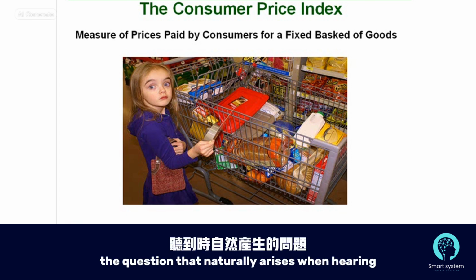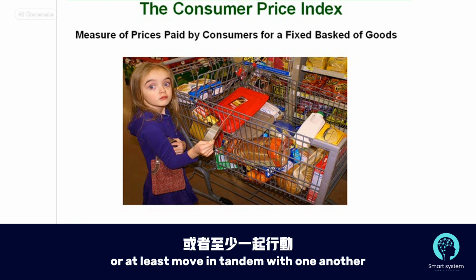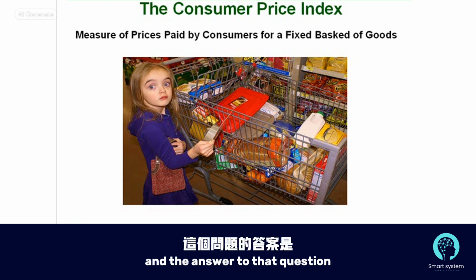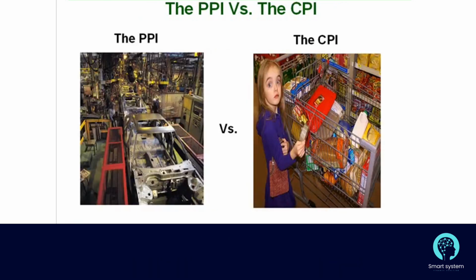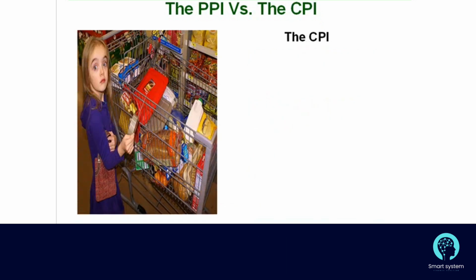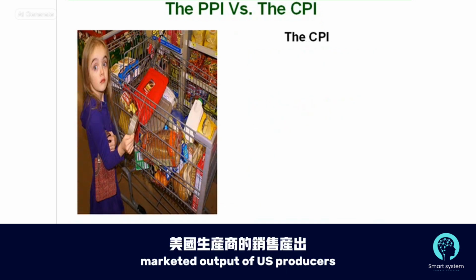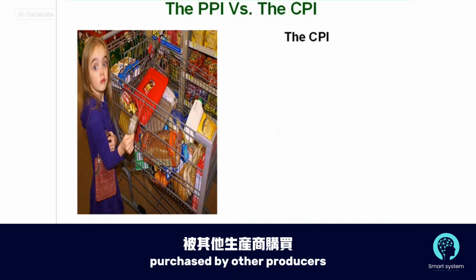The question that naturally arises is, would those two numbers be the same, or at least move in tandem with one another? And the answer to that question is not necessarily, for the following reasons. Number one is the PPI is designed to measure the entire marketed output of US producers, which includes goods and services purchased by other producers.